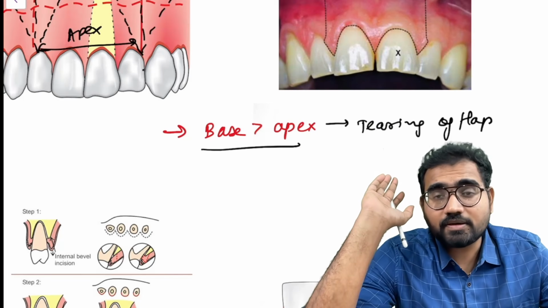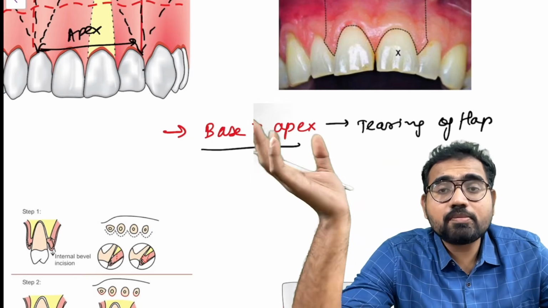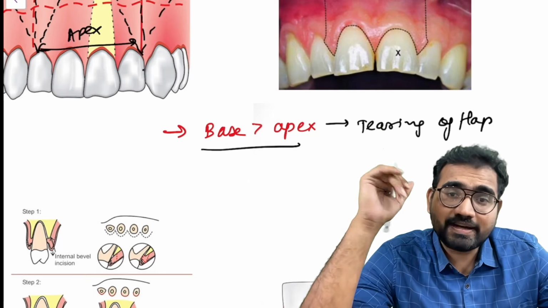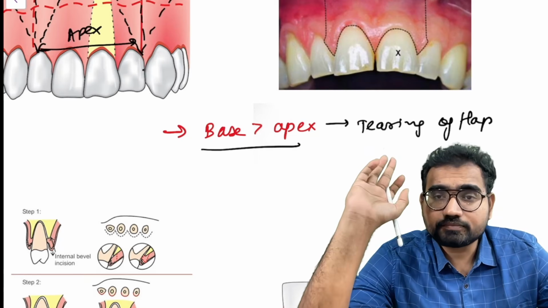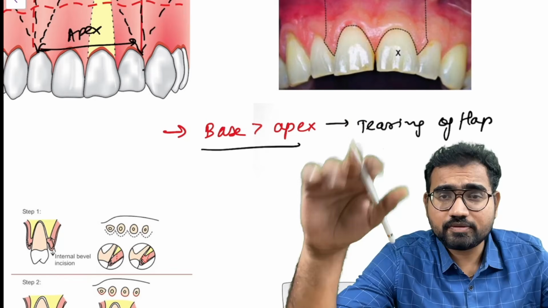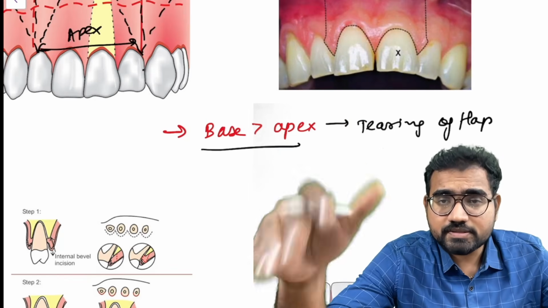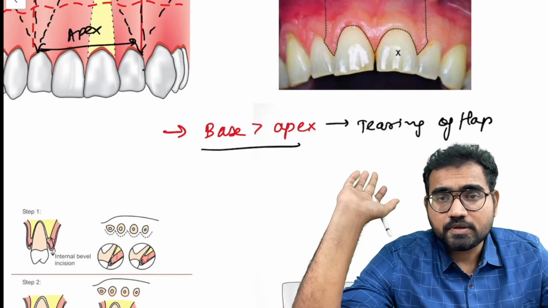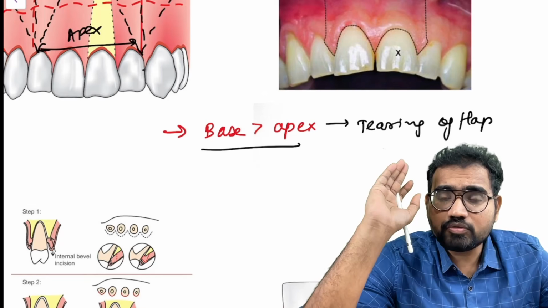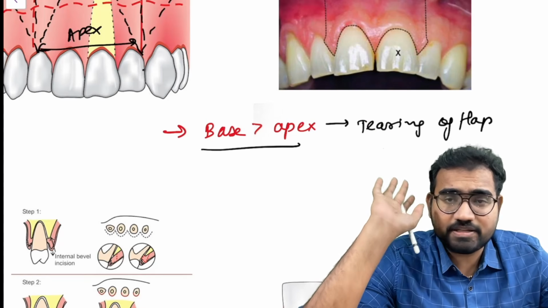What does that mean, sir? Normally the patient would have grade 1 mobility; if you're not doing it properly, grade 2, grade 3, tooth fall off. Patient normally would not have had sensitivity, but with wrong technique, sensitivity lifelong. So you should be very careful in choosing the patient and to give a correct incision.